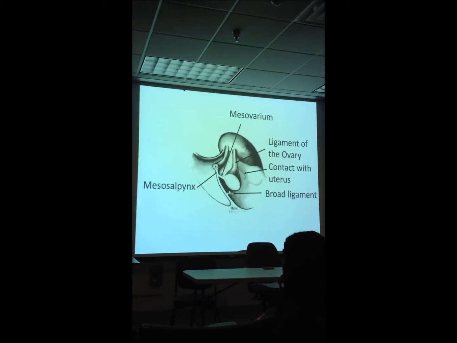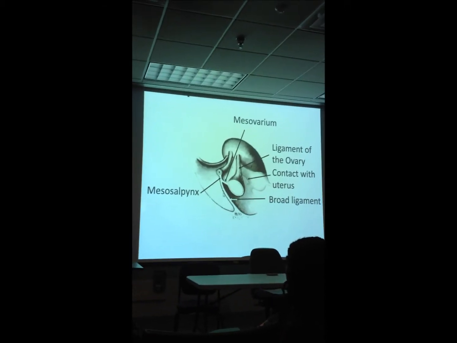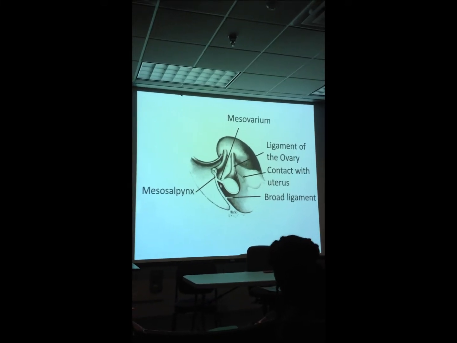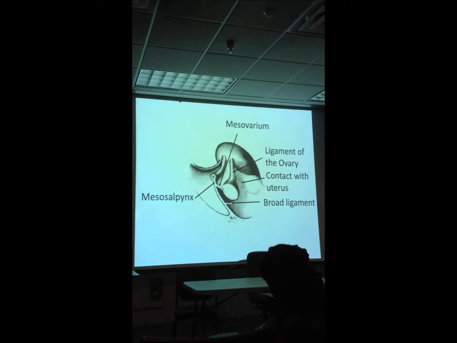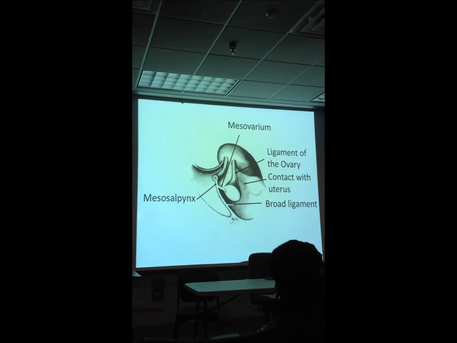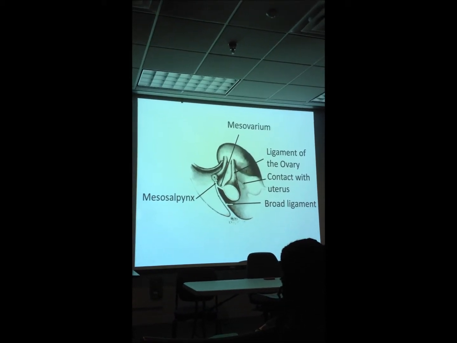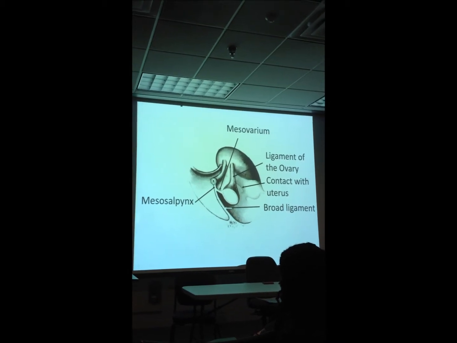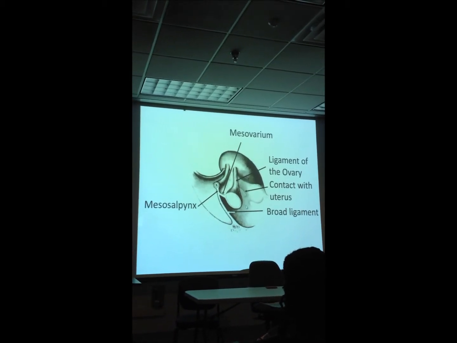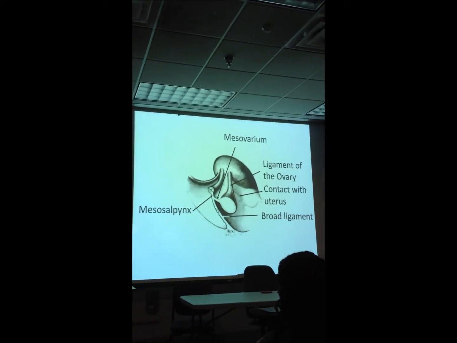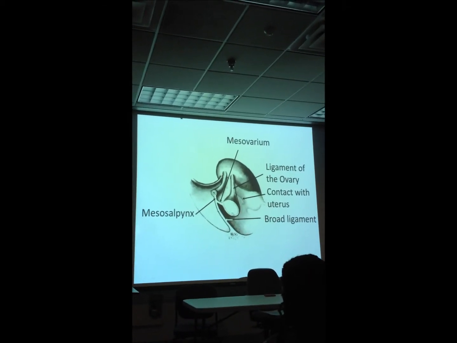Okay. Now, how about the connections of the broad ligament? Well, what does the broad ligament connect? Through the mesovarium, it makes contact with the ovary. Through the mesosalpinx, it makes contact with the uterine tube. Through its connection from the pelvic wall, we're looking at the left side, because the ovary is posterior.